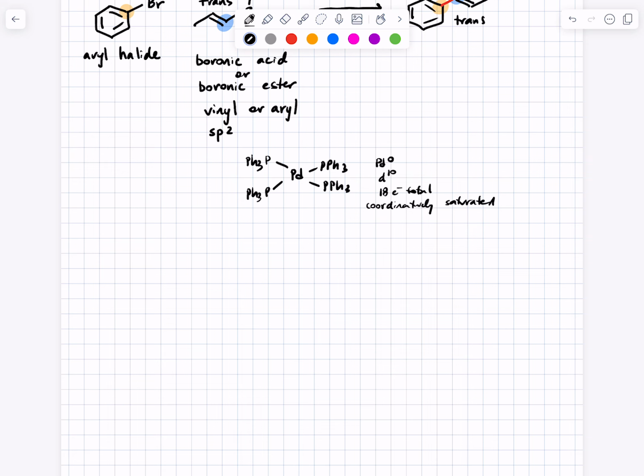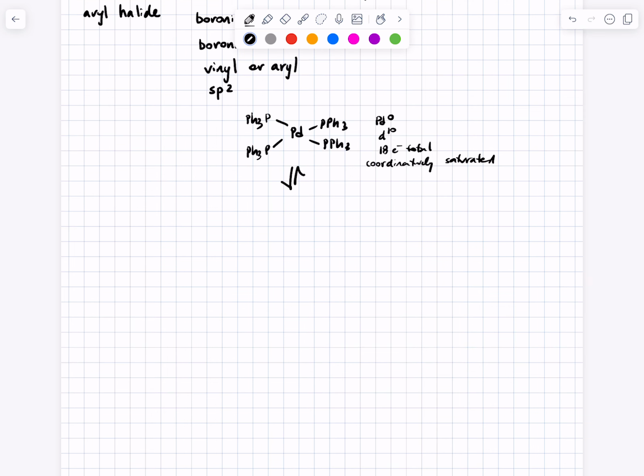Now, ligands in transition metal complexes, there's some equilibrium constant that governs them falling on and off. And at some rate, you can lose 2 triphenylphosphine ligands.